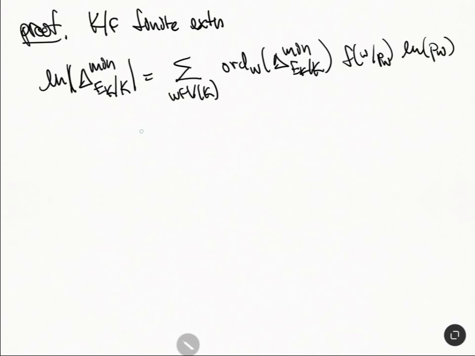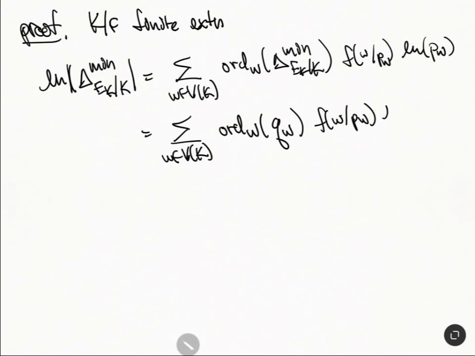Okay, so we'll use that this thing here is the same thing as the Tate parameter here. And let's write W here. Then we have f_W over P_W, natural log of P_W. And then what else can we do? We could break this up further.